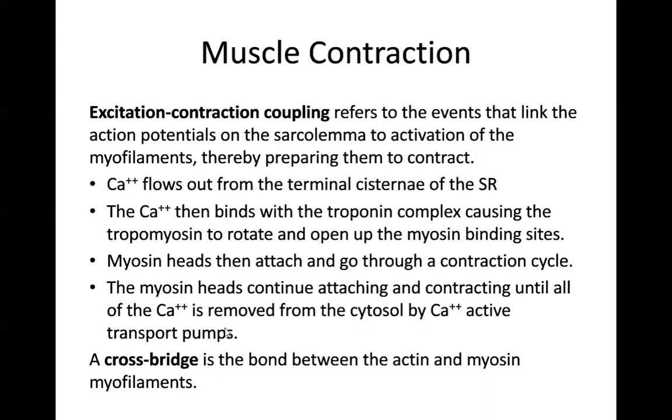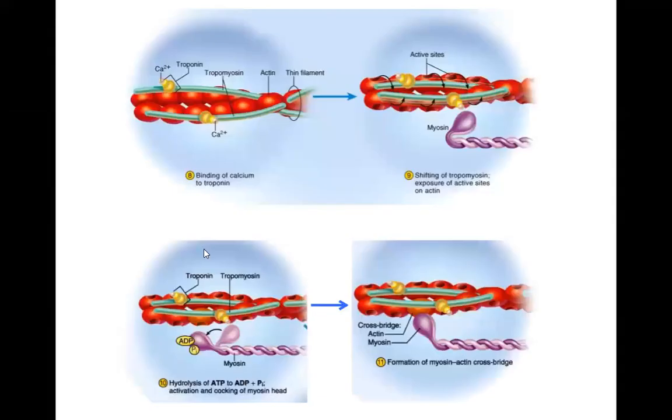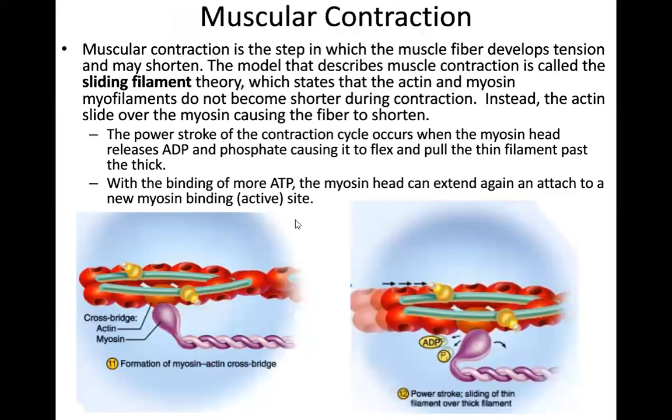This is going to continue to happen as long as calcium is prevalent in the sarcoplasm and as long as we have enough energy to keep causing the myosin heads to extend and then break them from the actin so we can form a new cross bridge. Once again, a cross bridge, I've used that term a lot. It's just the bond between actin and myosin.